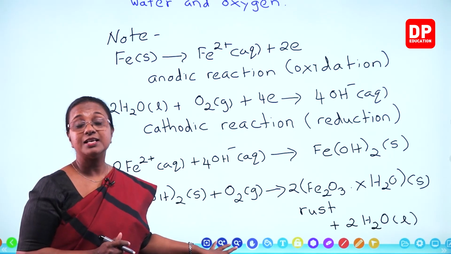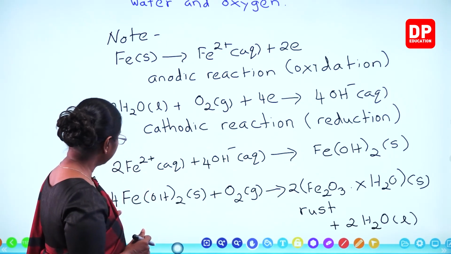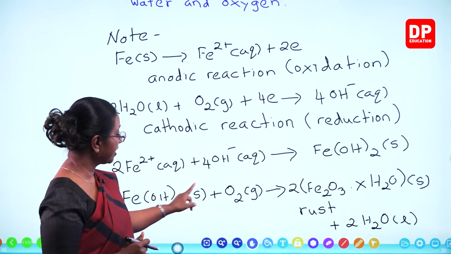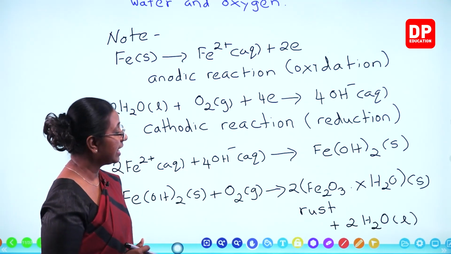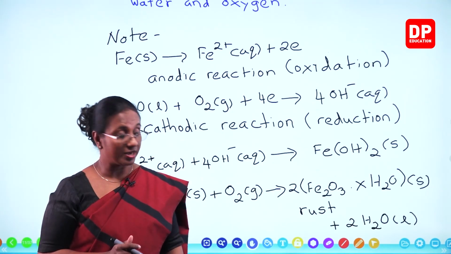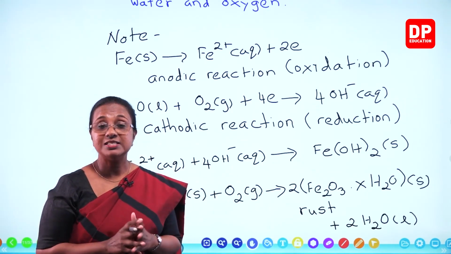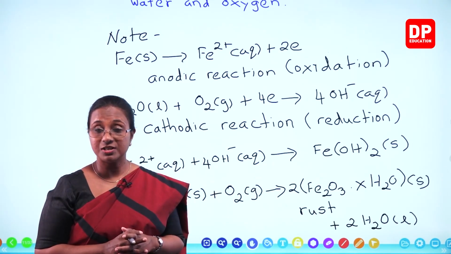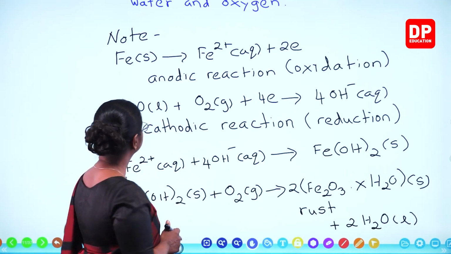But when you write it as the cell reaction, what I gave you all now is the reaction. Then here you can see Fe(OH)2 further gets oxidized with oxygen to form rust, that is 2 Fe2O3·xH2O, a solid. At the same time, water molecules are removed. So this is the reaction related to rusting, students. With that, I will move on to the next slide.